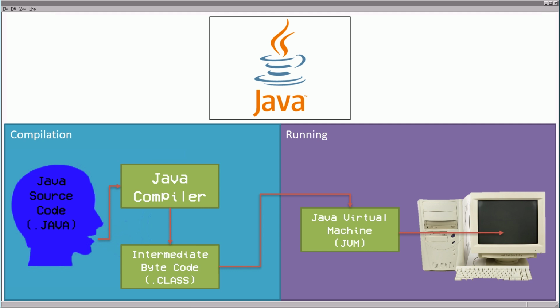This intermediate step causes the biggest detriment to the Java language. Java is considered kind of slow because you have that step. But Java's main focus is portability. When you develop something in Java, thereby creating those intermediate bytecodes, you can move that code to pretty much any operating system, almost any architecture, and it will just work.